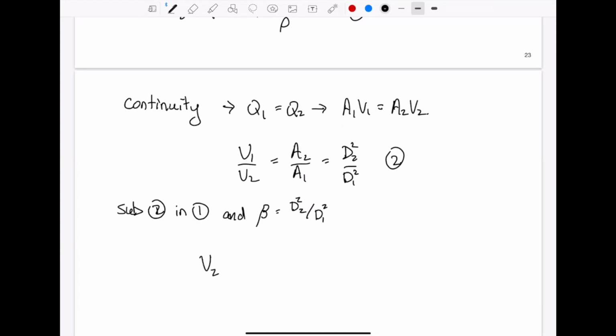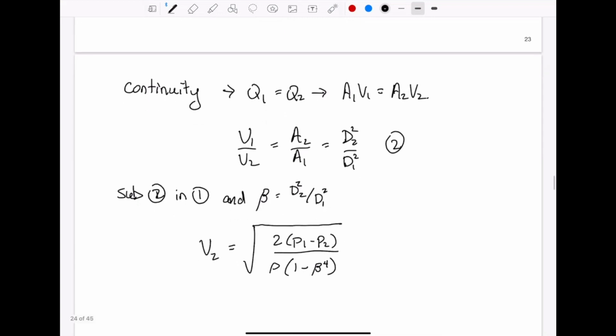We get an equation V2 is equal to the square root of 2 times P1 minus P2 divided by rho times 1 minus beta to the power of 4. So this is the equation for our ideal velocity. If we had multiplied this by A2, we would have our flux.